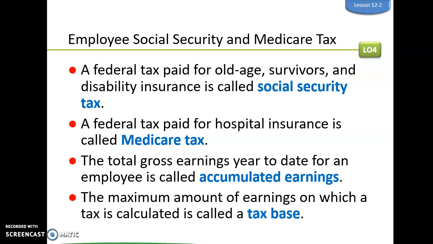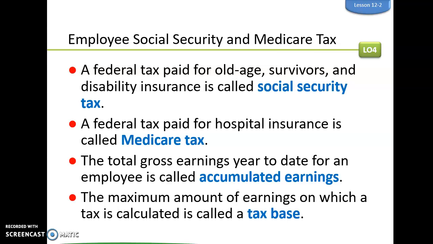So Congress is the one who sets the tax base and the tax rates for the Social Security tax. For those to change at any time, it would be an act of Congress. So as of right now, the Social Security tax rate is 6.2%.